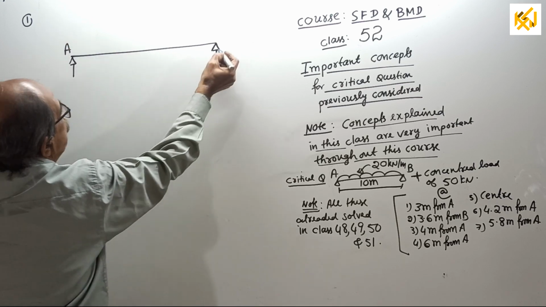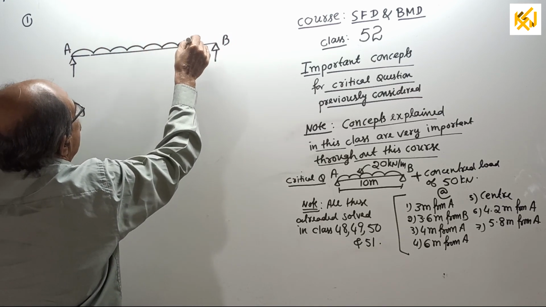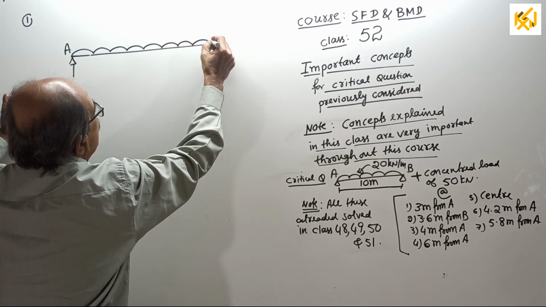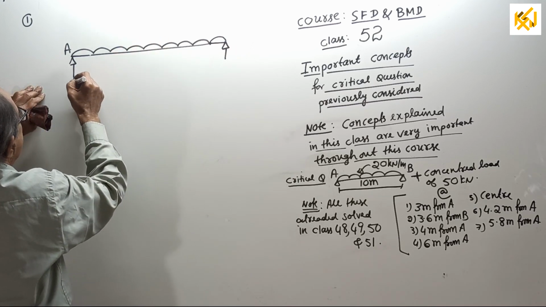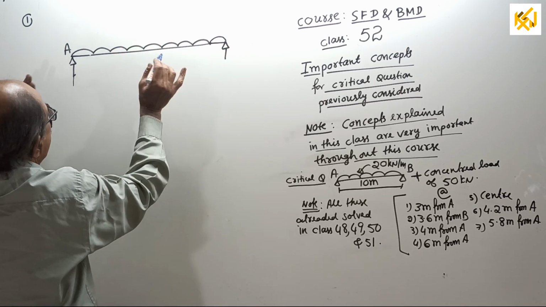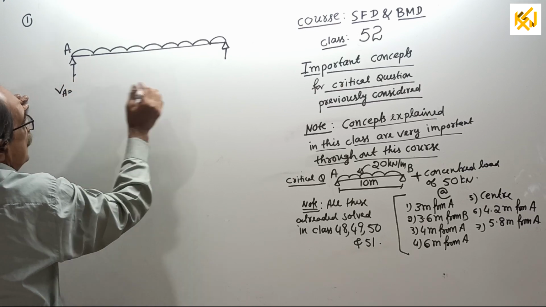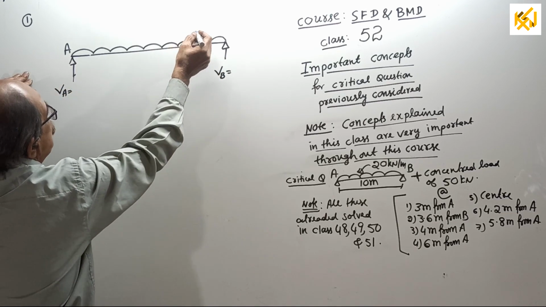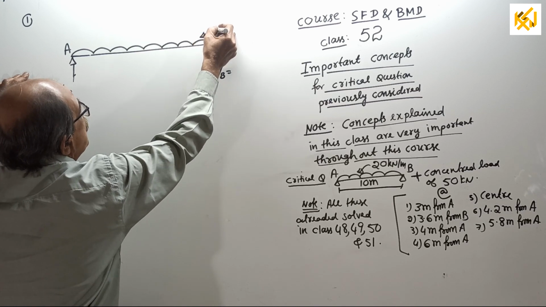Point A, point B, UDL. Span I will not write here. This is a space for VA. As I change problem to problem, I will change the values. This UDL I'll write here once for all, 20 kN per meter.